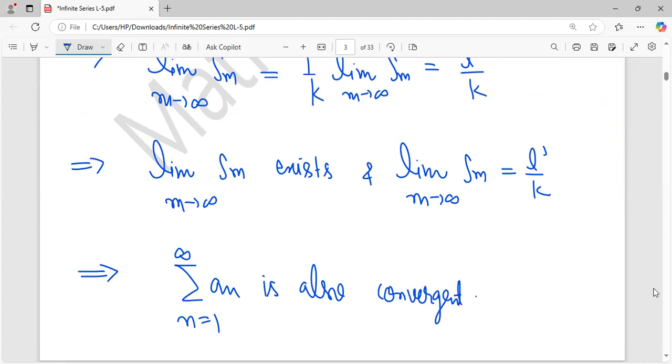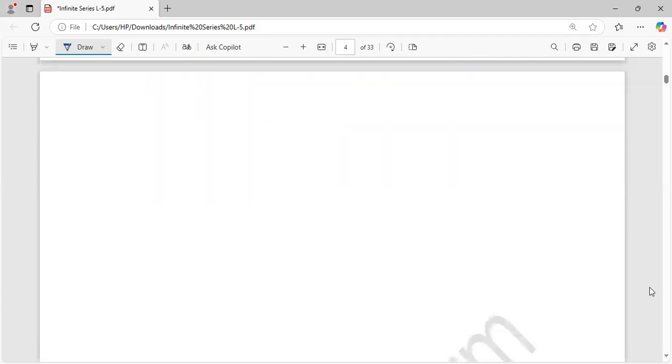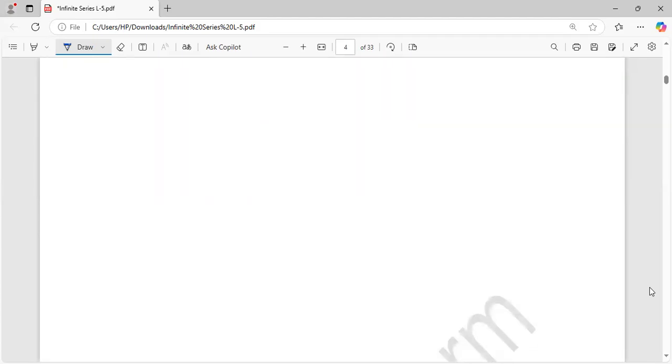Now we are writing a corollary. Corollary.